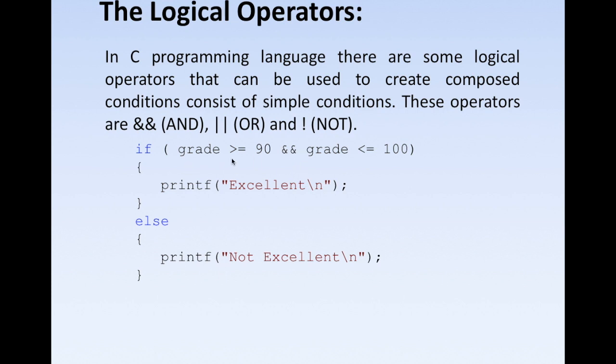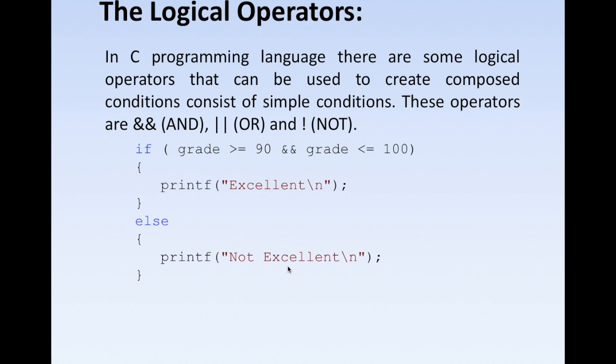So if grade is greater than or equal 90 and grade is less than or equal 100, if both conditions are true, and because I have and, printf excellent. Else, which means either this or that was false, then output not excellent.